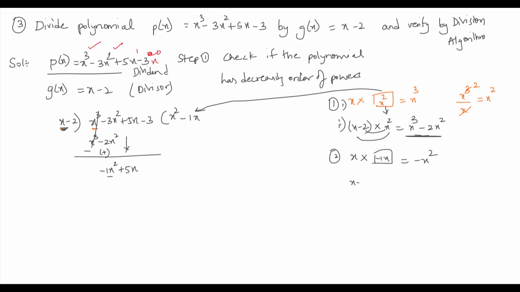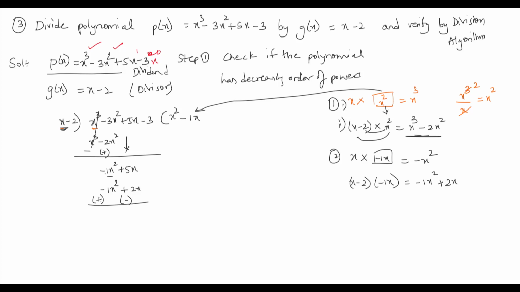Next, take the divisor, that is x minus 2, multiplied by minus 1x. We'll get minus 1x square, and minus of minus is plus 2x. Place this carefully down, that is minus 1x square underneath minus 1x square, 5x underneath, you will get 2x. Change the signs, minus will change to plus, plus changes to minus.